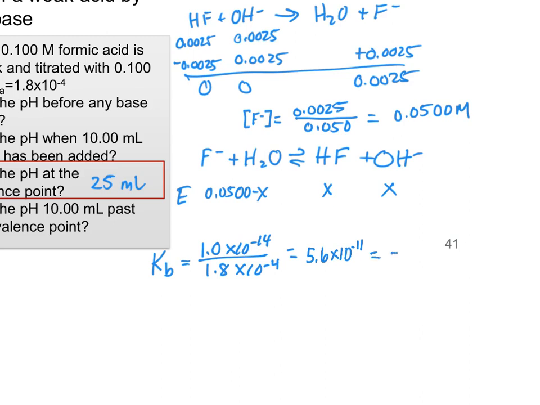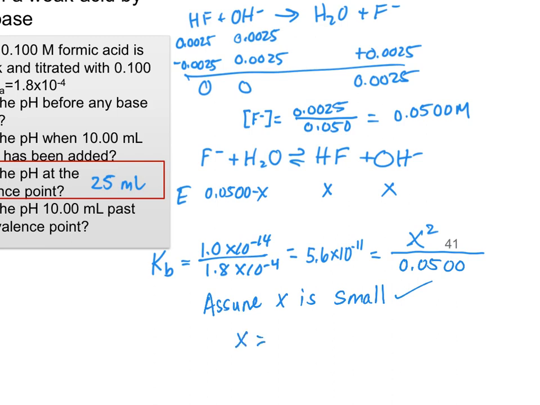That's a nice small number, which means we're going to be able to assume that x is small in comparison to the 0.05. Okay, and so when we calculate x, we'll get 1.7 times 10 to the minus 6.